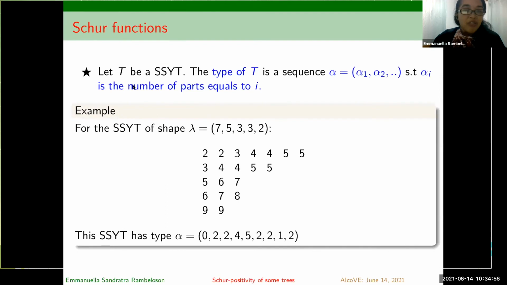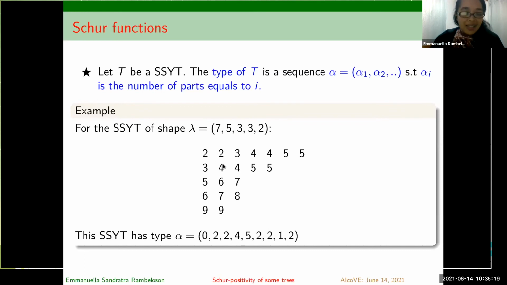Now, if we take an array T, which is an SSYT, the type of T is a sequence alpha, such that alpha i is the number of parts that equal i in T. Alpha i is the number of parts in T that equal i. All right, let's see this example here.